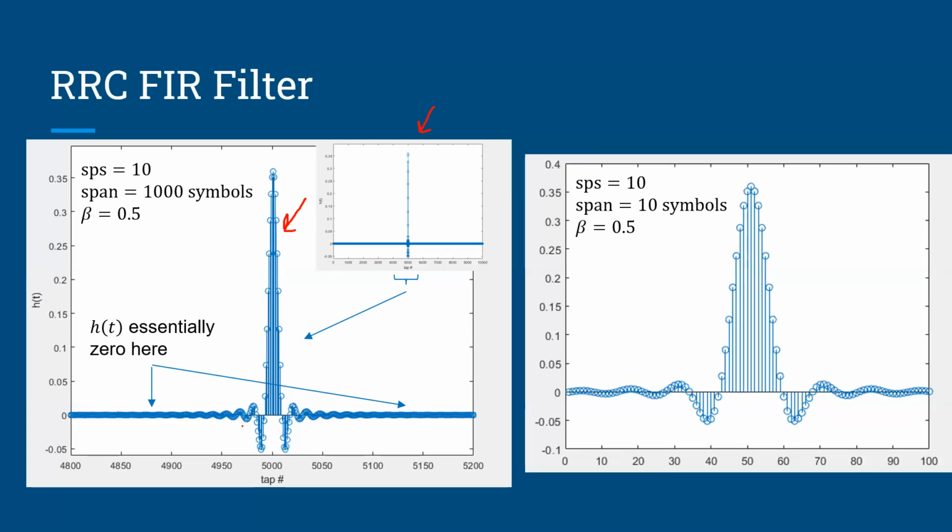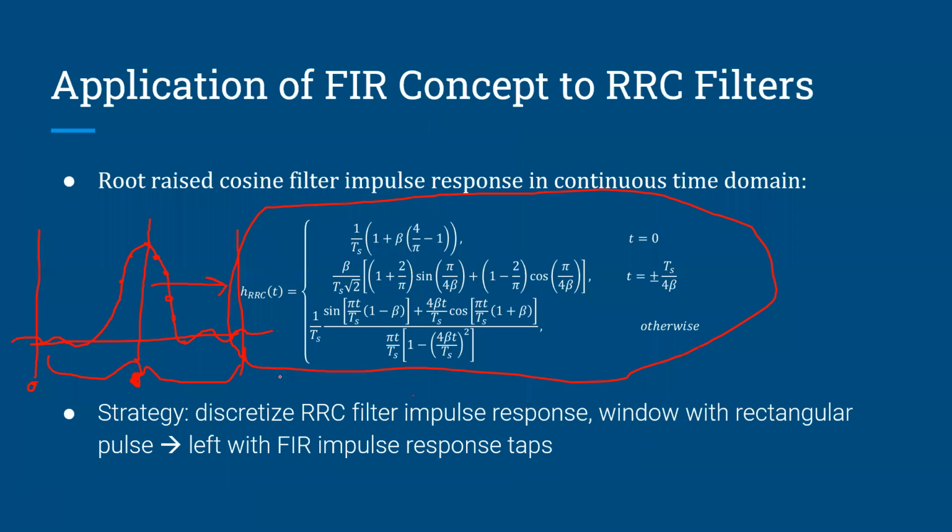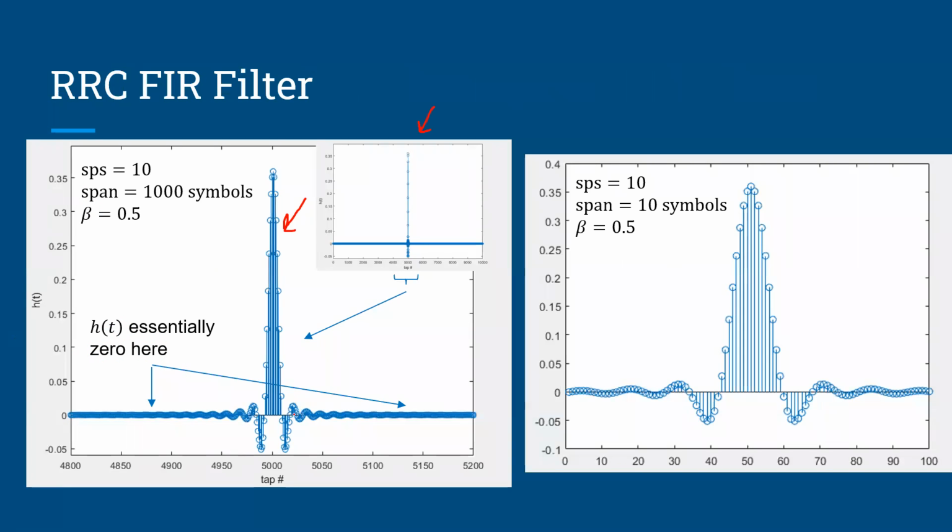And you can see exactly what I wrote here. You've got this sinc looking thing, and at some point it starts dying away to 0. And so clearly, we're wasting a lot of filter taps because all of this stuff here is basically 0. And that's just unnecessary memory and processing that we need to do if we use all of those filter taps.